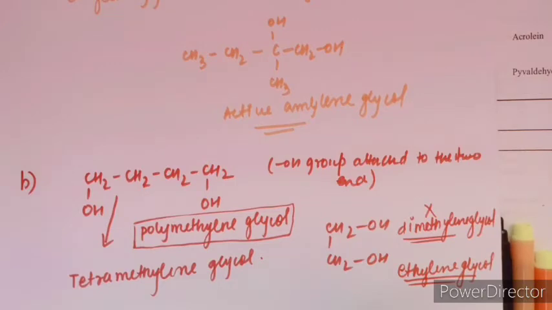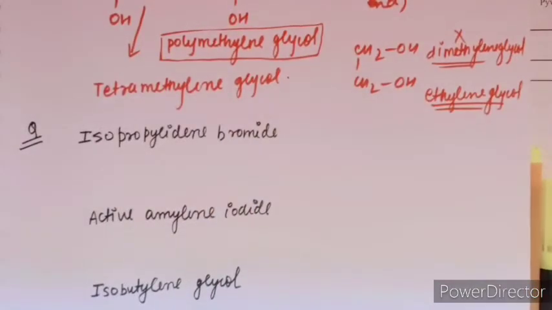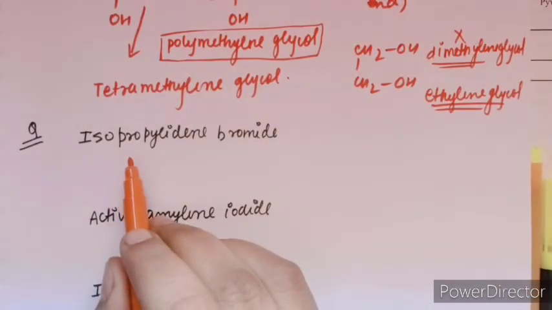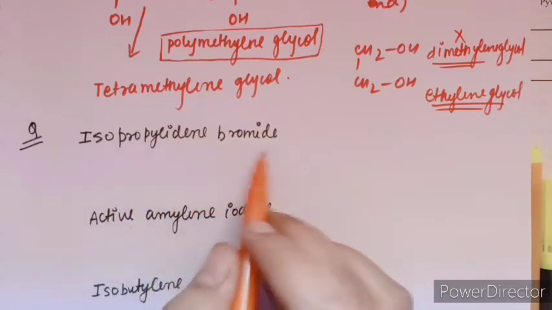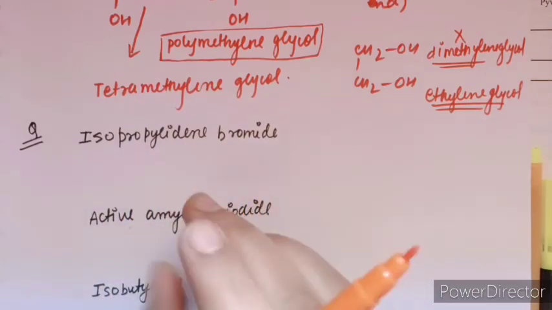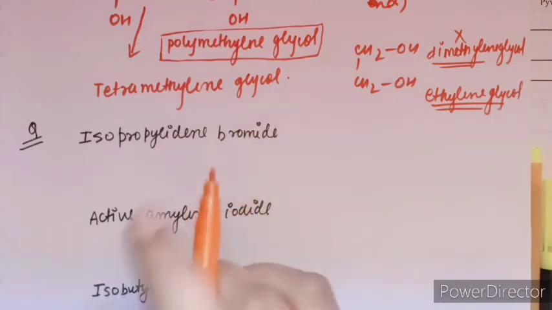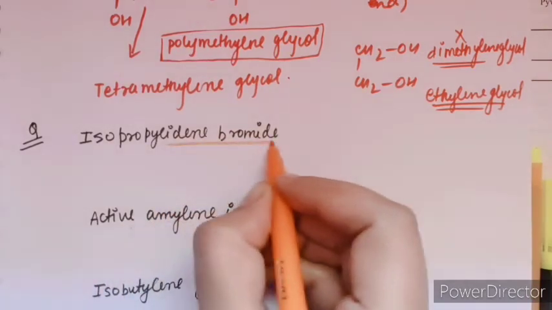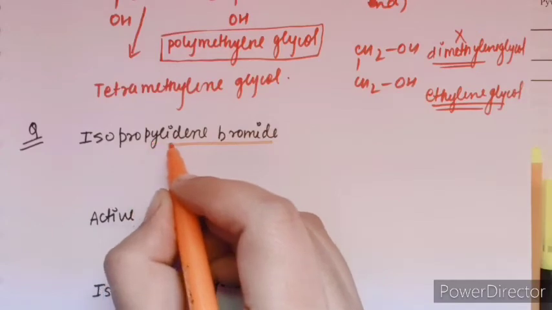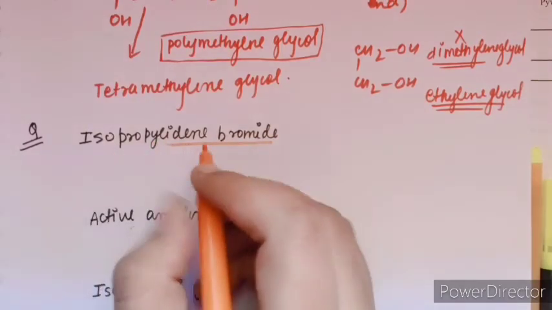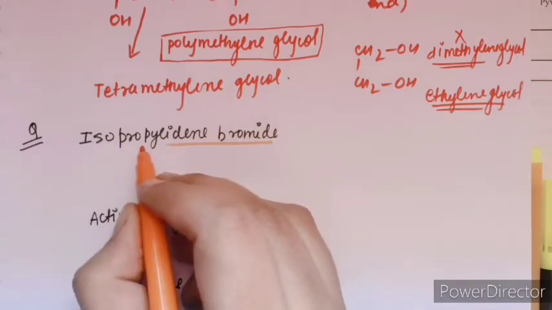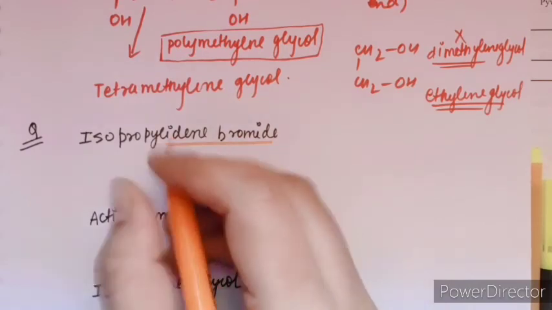So I hope you will understand this naming. Now we will take some examples based on both namings. The first question is, we have to draw the structure of isopropylidene bromide. These are examples of common naming of dihalides, where we will use the suffix ylidene. Iso means there is the presence of a branched chain, and propyl means there are 3 carbon atoms and 2 bromides.